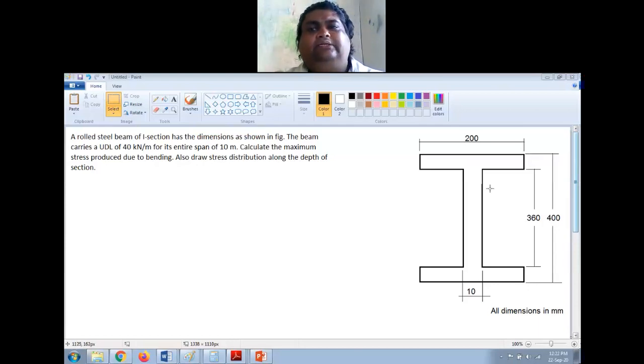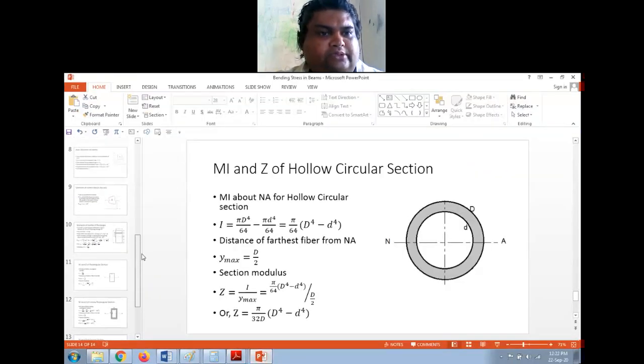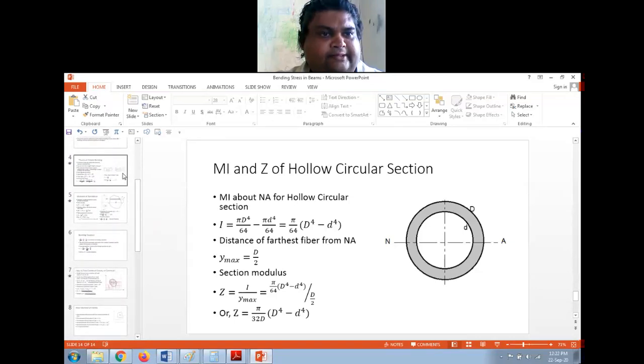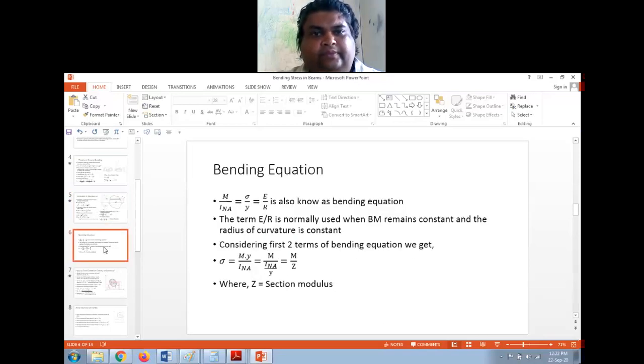Okay. Now let us start. Let me go back to this slide here. This is our bending equation. M by I is equal to sigma by Y is equal to E by R, from which we have sigma is equal to M by Z, right?